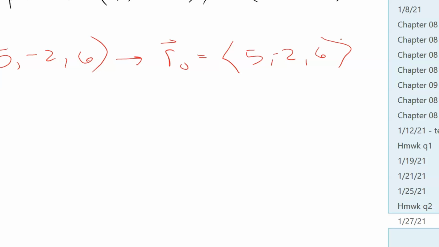Everybody okay with that? And then for my vector V, I just need it to be in the same direction as the line R. So the easiest way to do that is just to find the vector that passes through these 2 points, or the component form for the vector.